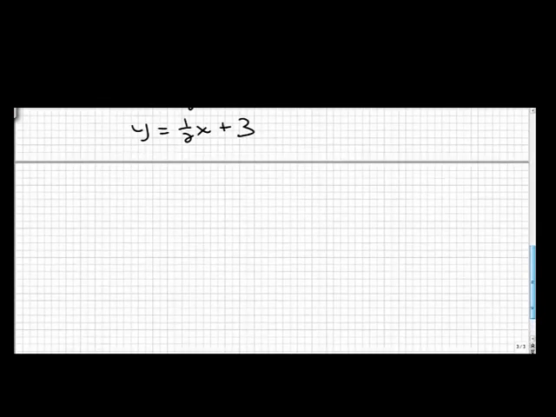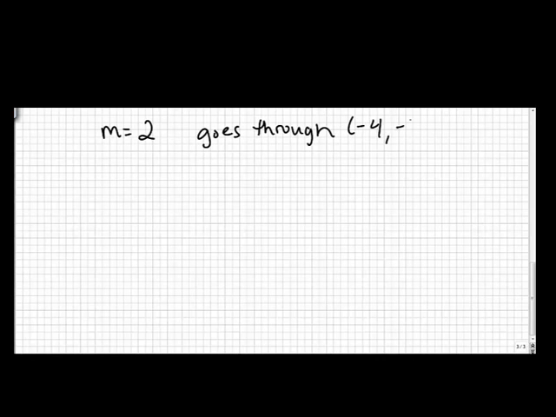And now let's look at a situation where it can be a little tricky. Let's say the slope is 2, but this time it goes through the point (-4, -8). If I start with the point-slope form and put in the slope of 2, I'm going to put in a -8.